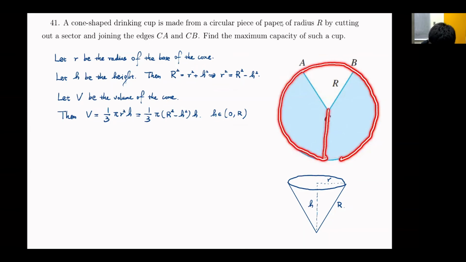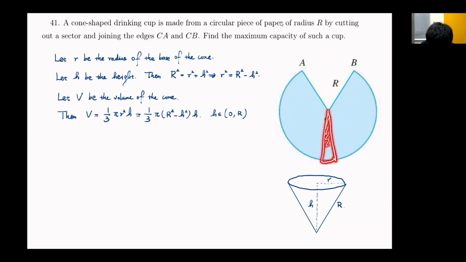This is what happens when your h is very close to R. If you cut out this big sector, what remains will simply be this small part over here. All right, so this will be the range of my h. This finishes the step of mathematicalizing the problem.